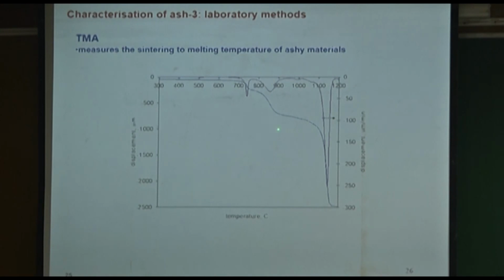Now, what you actually get is not this one directly, you get that one first. Then when you take its first derivative, that signal divided by dt, then you get something similar to what you get in the TGA instrument, for those who use thermogravimetric analyzers.